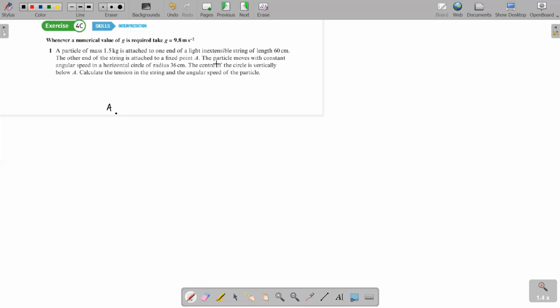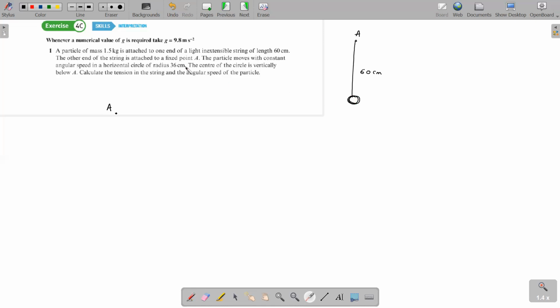The particle moves with constant angular speed in a horizontal circle of radius 36 centimeters. Now you can see the length of your string is 60 centimeters, right? So they are saying this particle P moves with a constant angular speed in a horizontal circle of radius 36.